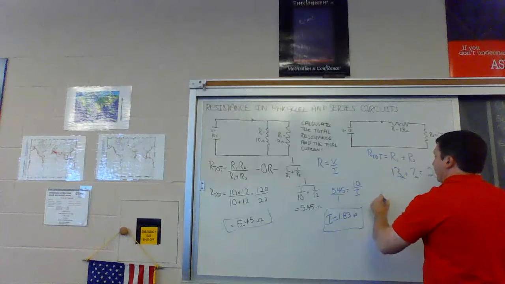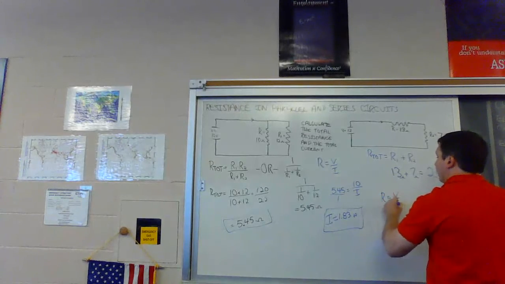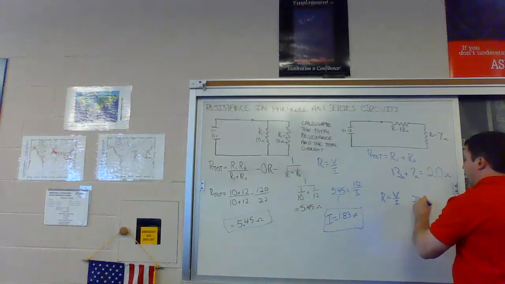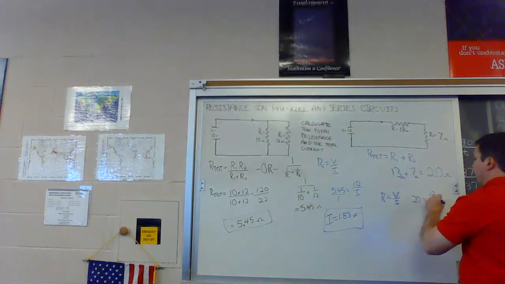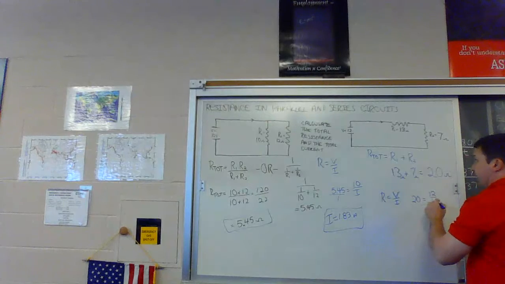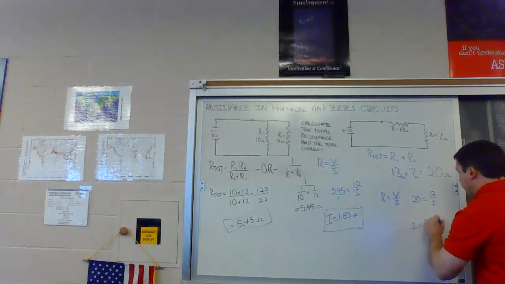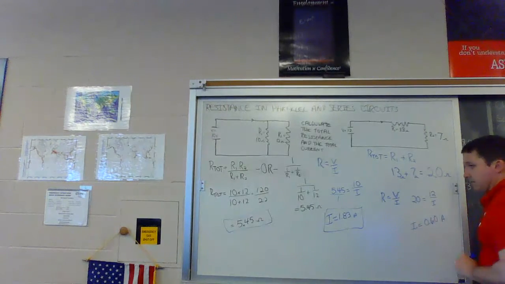So using Ohm's law again, R equals V over I. We just found out that the resistance is 20. We know that the voltage is 12 because that's provided in the diagram for us, and we're trying to find the current. 12 divided by 20, when it's all said and done, is 0.60 amps.